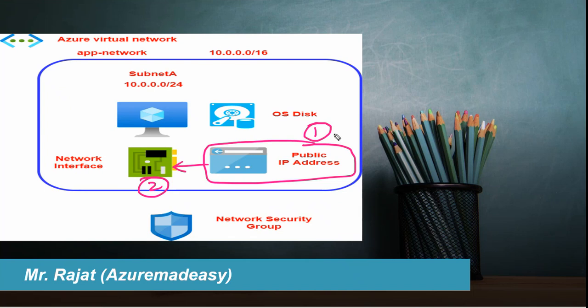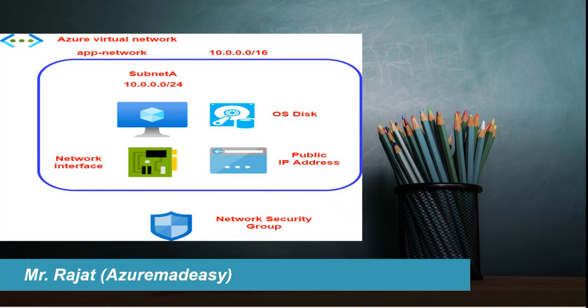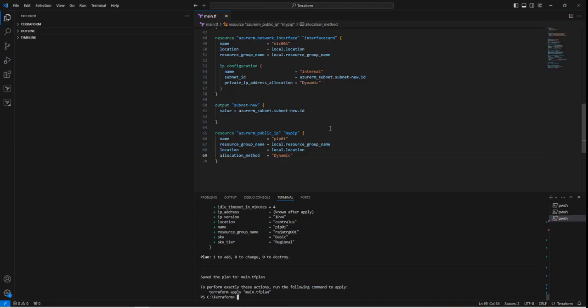So from the Azure portal, I will be doing two different steps manually. Are you getting my point? I am creating the public IP address first, then I am associating it to this network interface card. That is the second step, and we are doing it manually. But if I want to do both of them together using the Terraform script file, then yes, it is possible to do it in this code itself.